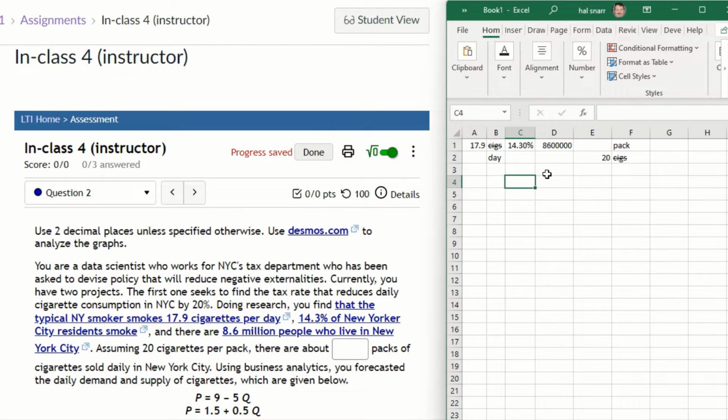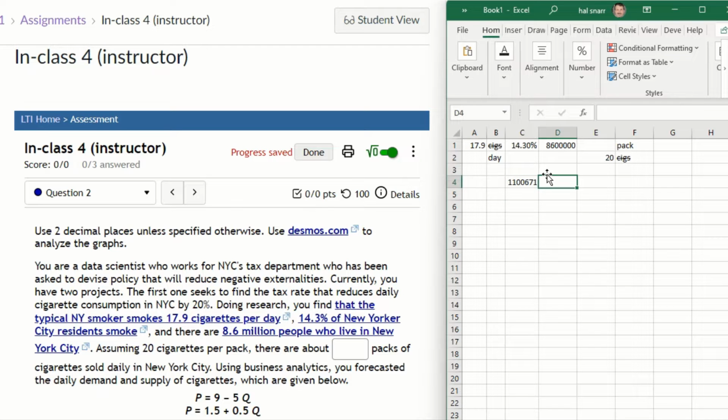All right. So we got 17.9 times 14.3% of New Yorkers, right, or smokers. Then we need to divide by the 20. And this will give us the number of packs of cigs per day.